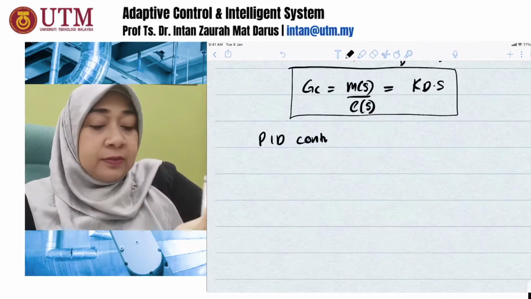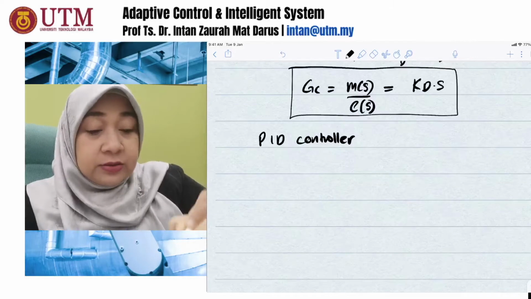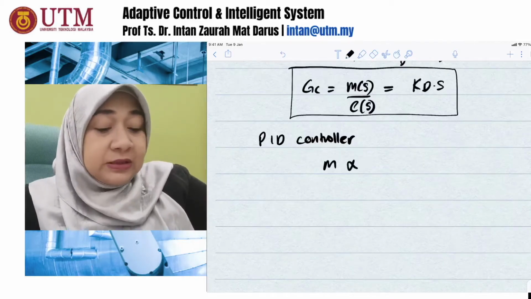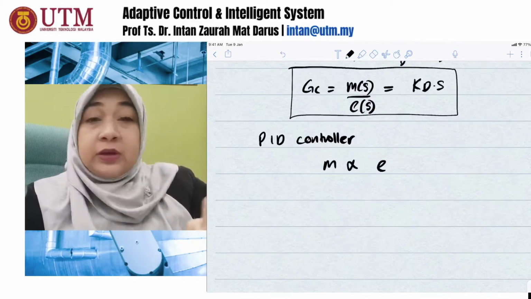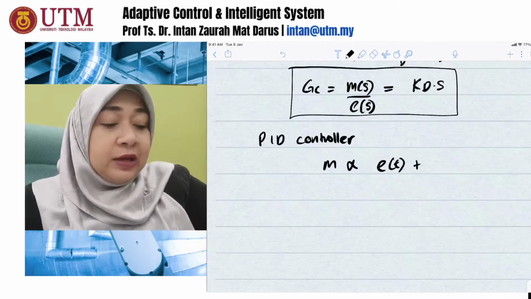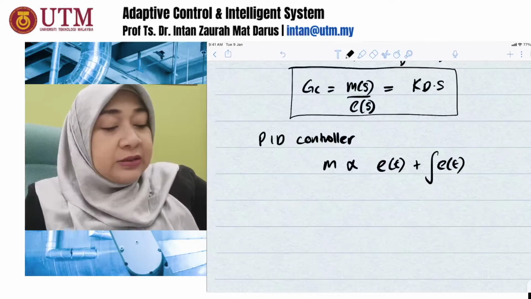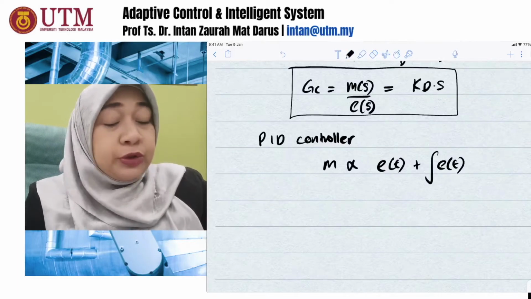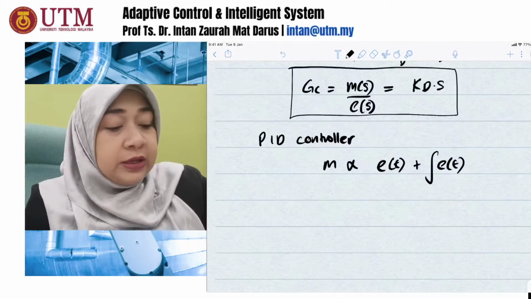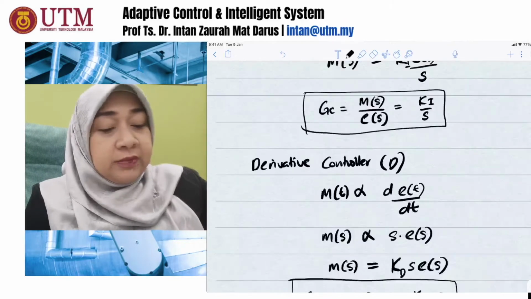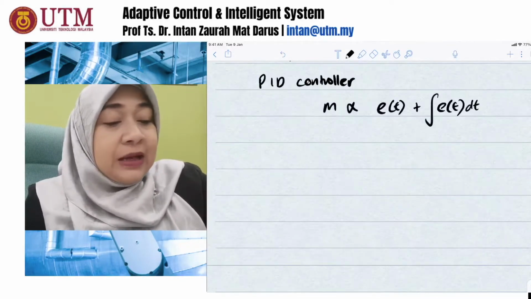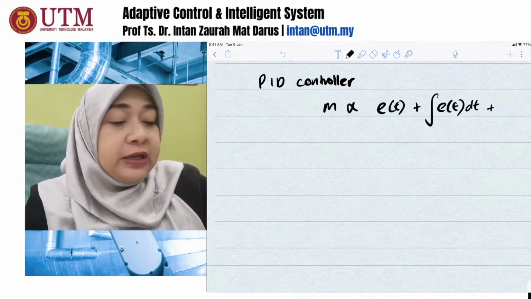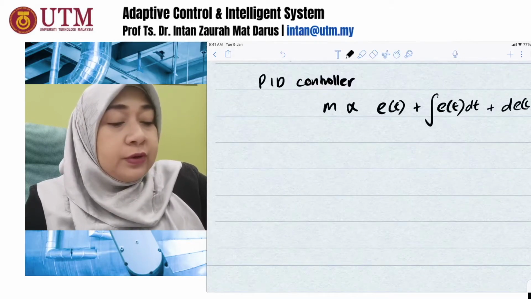So what is a PID controller? You have the output of your controller m proportional to, first, the error, plus it is proportional to the integral of your error with dt, and then plus it is also proportional to the derivative of your error, de over dt.